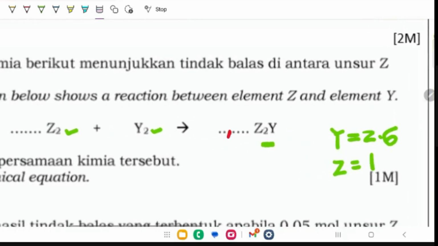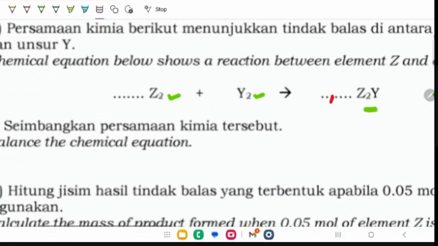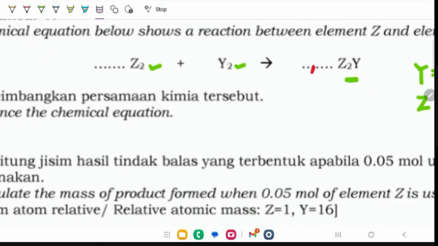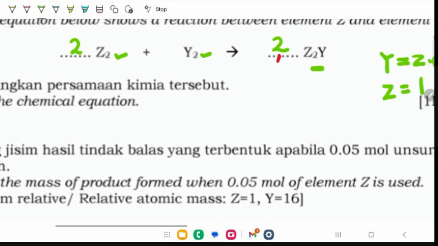Then this one is 2. Okay, this one is 2 also. I don't know why I cannot write it. This one is 2. This one also 2. Okay. Then it's balanced already. Okay, good.